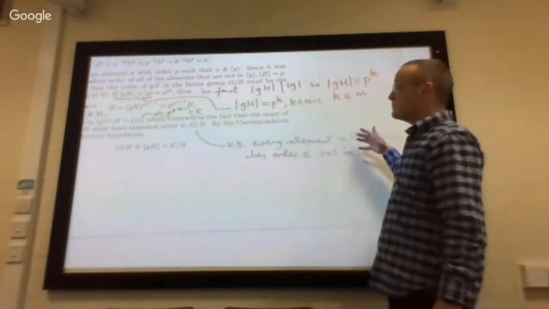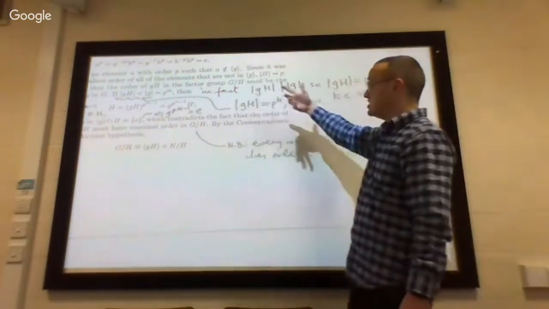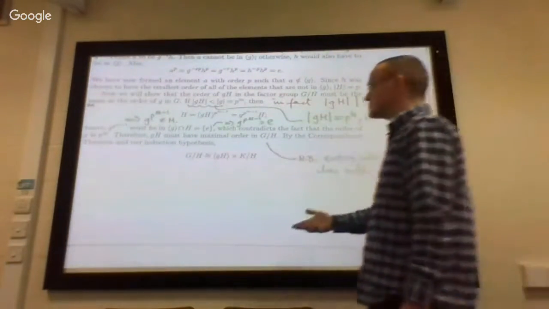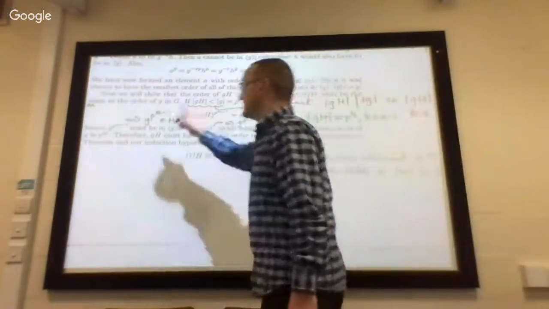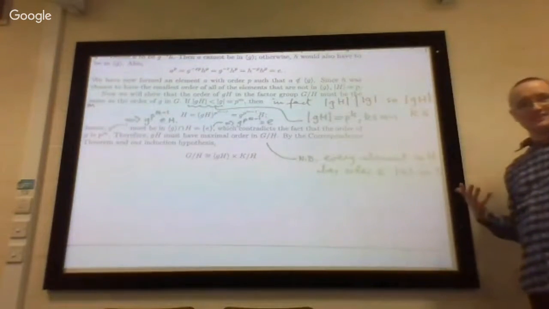So if p to the m is the maximum order you can find in elements of the original group G, and here we have a coset which itself also has order p to the m, therefore this must have maximal order in the factor group.